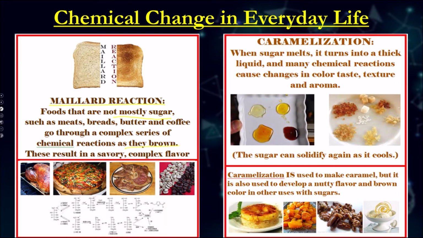These result in a savory, complex flavor. So when we're cooking, that's obviously a chemical change. Caramelization, that is also a chemical change here. We're changing the chemical structure of the atom.